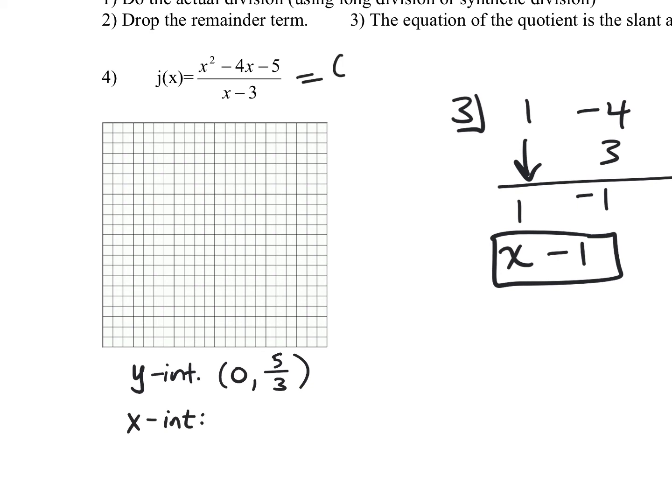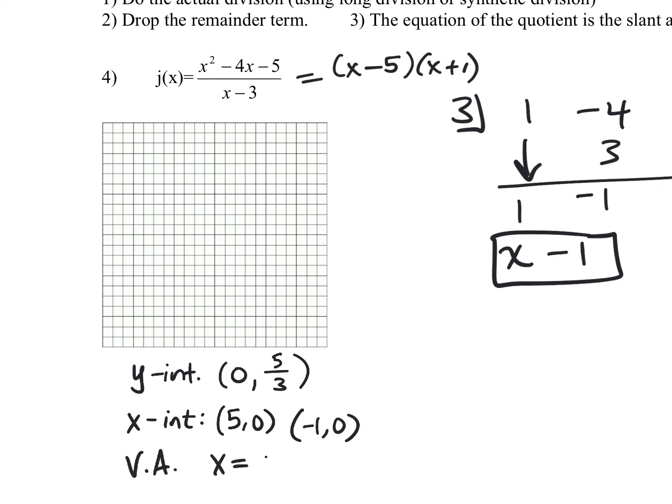We could say that this is x minus 5 times x plus 1. So my x-intercepts would occur at 5, 0, and at -1, 0. We have a vertical asymptote at x equals 3, and we have a slant asymptote at y equals x minus 1.